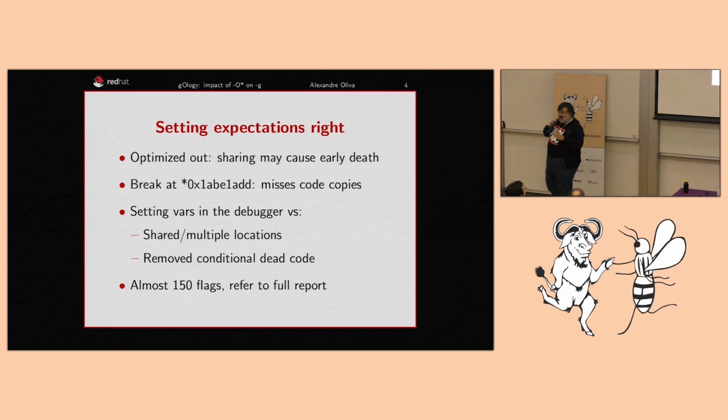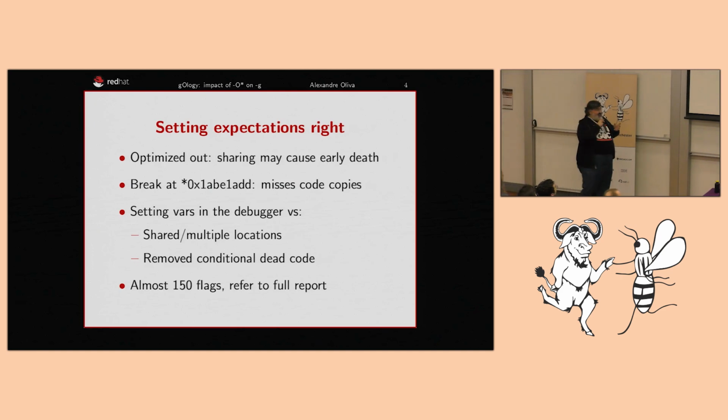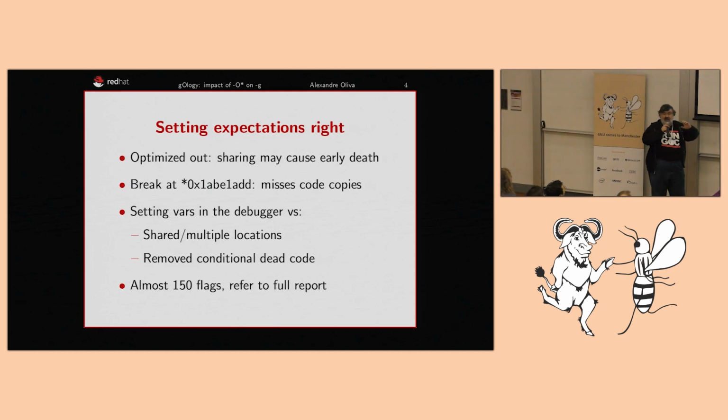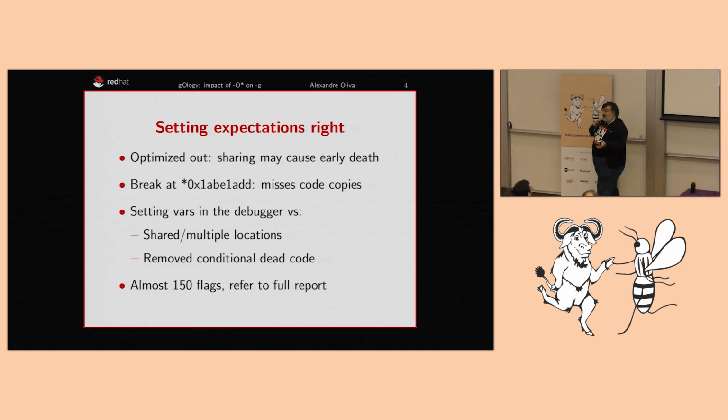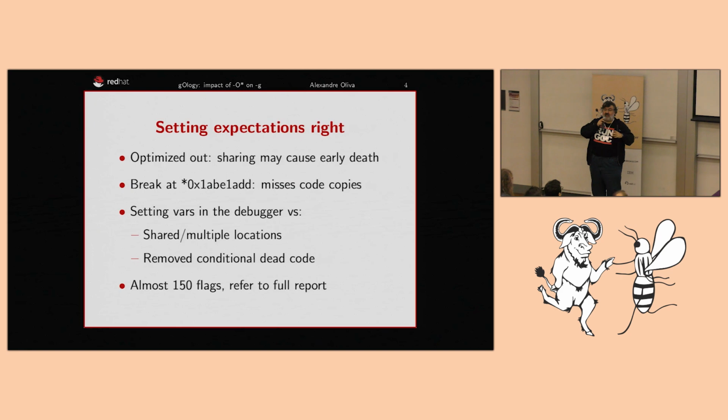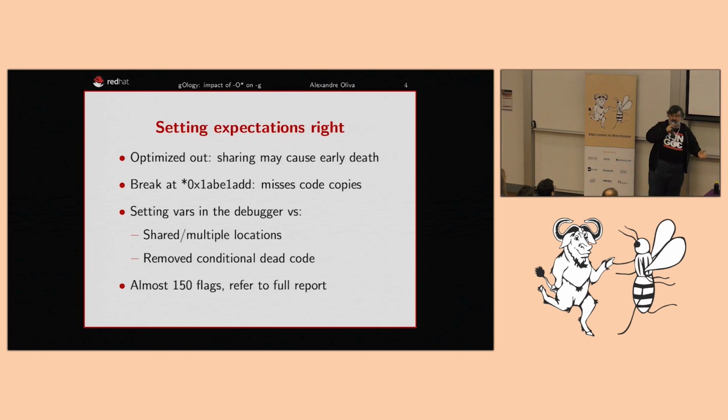But the idea is that if you assign a variable to a certain register and then the variable dies, and then you reuse that same register for something else, well, this will never happen in a non-optimized program. So we will never realize the variable died. So if you were in a debugger and looked for the variable at a point in which it is dead, you would still be able to get its value in the non-optimized case.